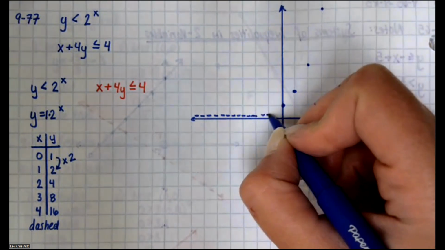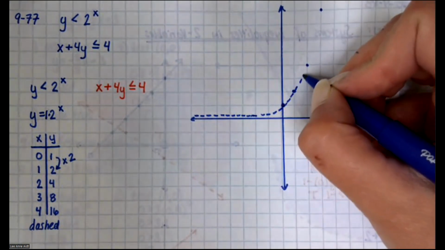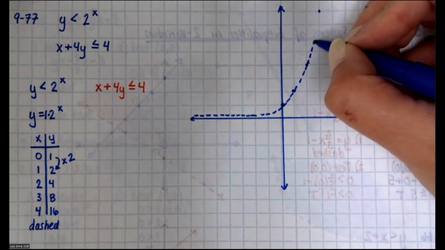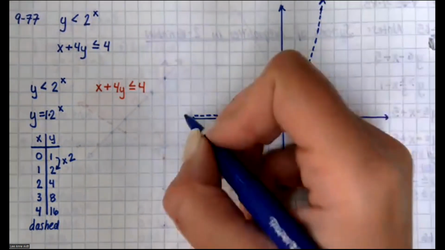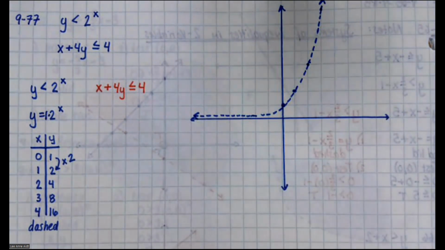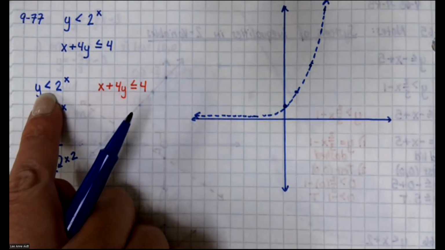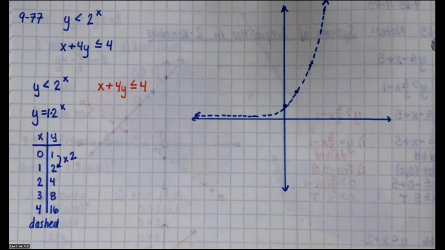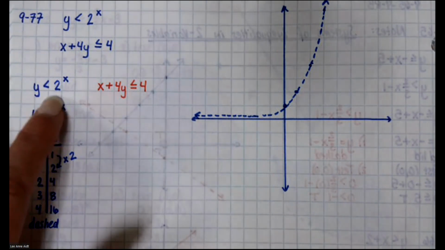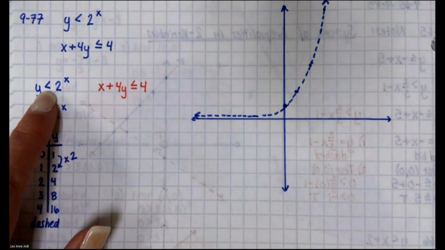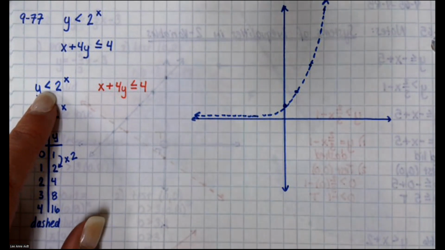And remember about the dashing. It does not have the or equal to on it, so that means it's dashed. Also on your digital escape, you should have noticed that if the points were on the line, it was not a solution if it was dashed, but it was a solution if it was solid.